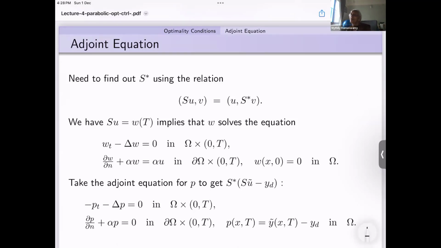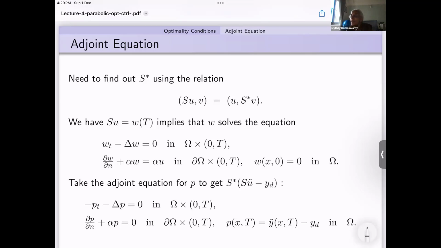What is the adjoint equation in the case of the heat equation? I can just give that and then stop maybe, because we can't really go through the calculations. Again, it will be through the adjoint problem and a Green's formula. You have to multiply the original equation by the adjoint vector, etc. I need to find S star using the relation: the inner product between Su and v is u acting on S star v.